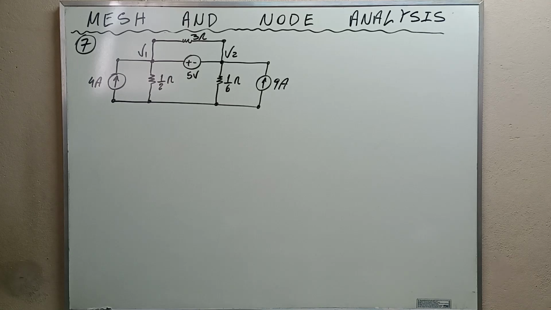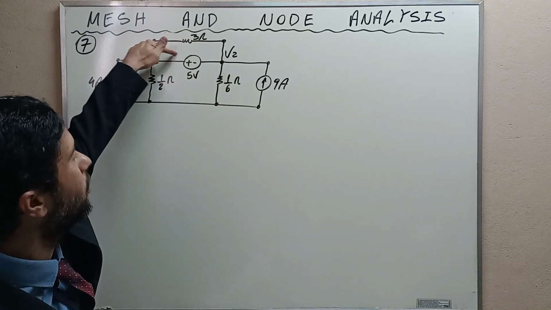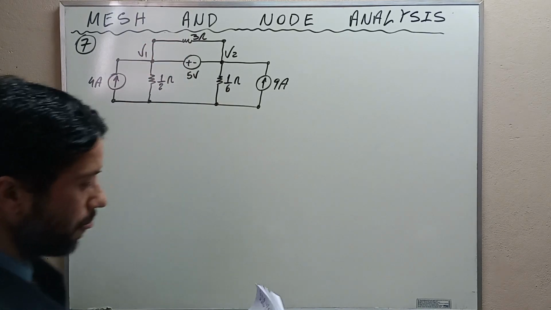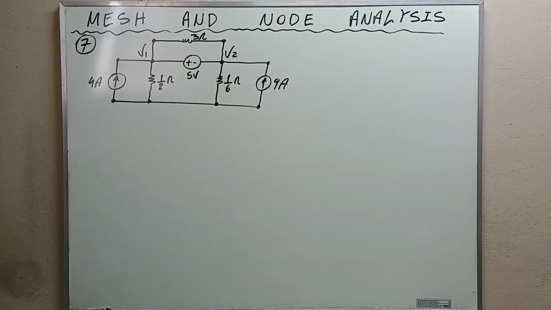Observe that we've got a supernode in the middle of the circuit. There is a supernode here, okay? Since the current through the voltage source cannot be modeled, it is impossible to write nodal equations for nodes 1 and 2 independently.